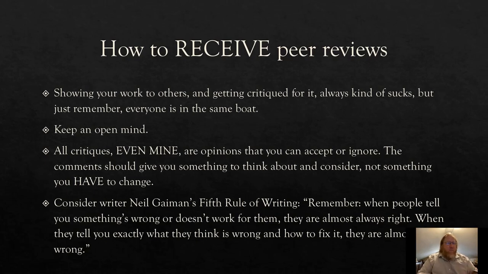All right? So, if someone highlights something and says, "I think this is wrong, I think you need to do this instead," that is a signal that you need to think about what you've written and redo it. All right? It does not mean you need to fix it in the way you're told to fix it. It just means you need to fix it somehow. You get to decide that way.